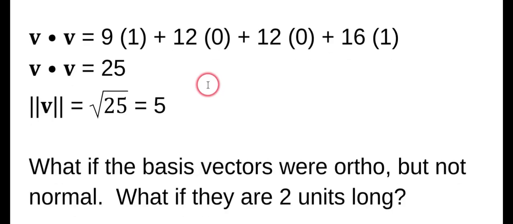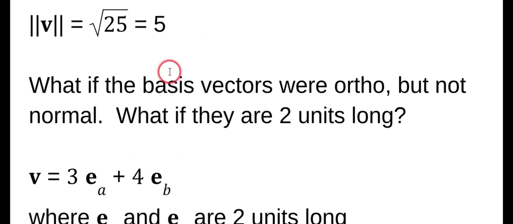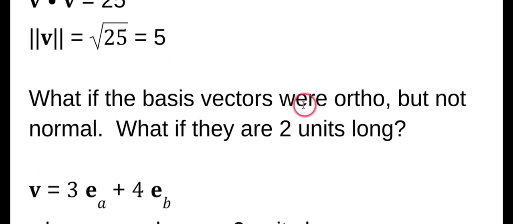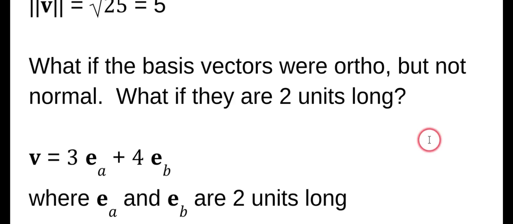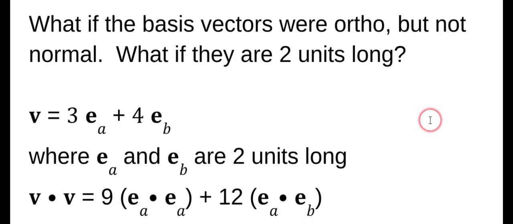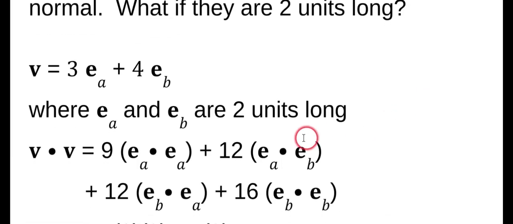Now, what if the basis vectors were ortho, so they're 90 degrees apart, but not normal? What if they're 2 units long, right? Well, we go back to our equation. Now I'm just going to call them something different, EA and EB. Here are our 2 components that we had, right? So EA and EB are 2 units long. So we do the FOIL thing again. But we don't have to worry about these, EA dot EB, EB dot EA.